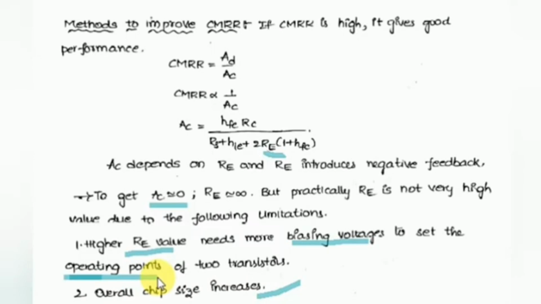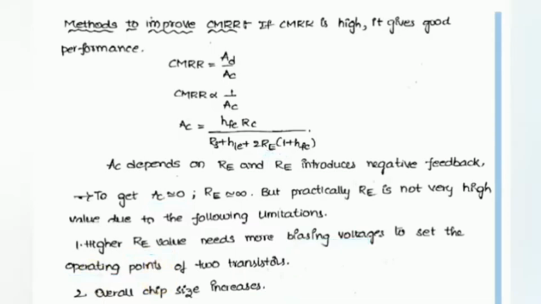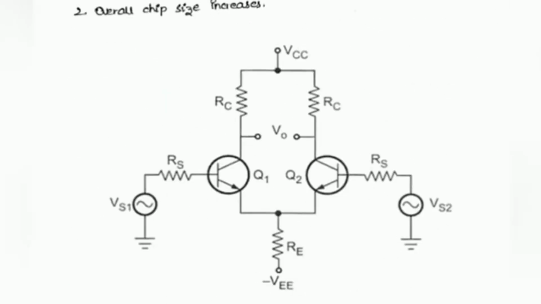How it will be overcome: if you observe the circuit, consider the dual input balanced output circuit. Instead of taking this resistance value as very high, we use different methods or different circuits in place of this resistance RE, which provide the effect of increased resistance without disturbing the operating point of the transistor and without needing high biasing voltages.